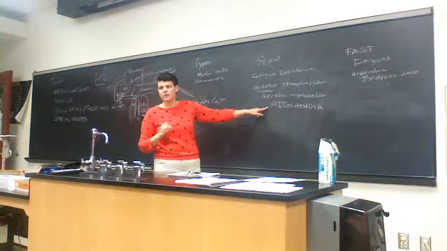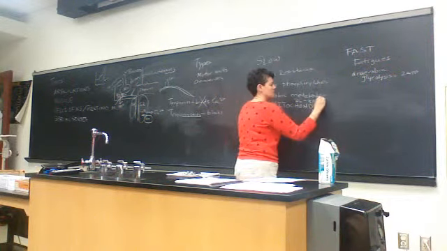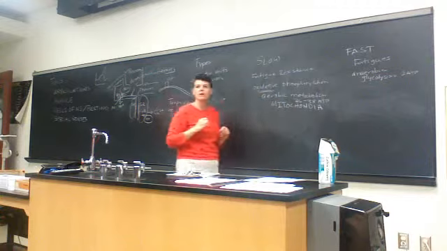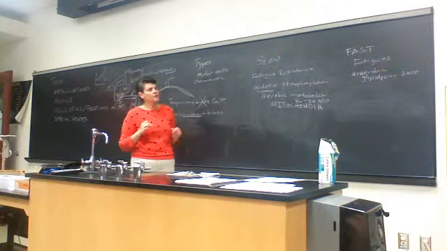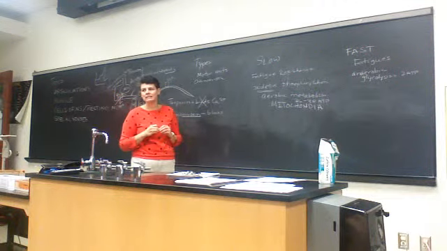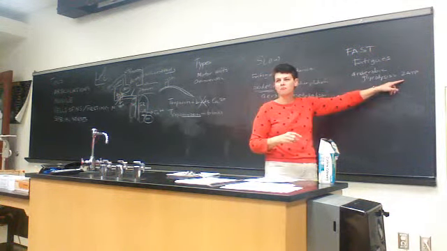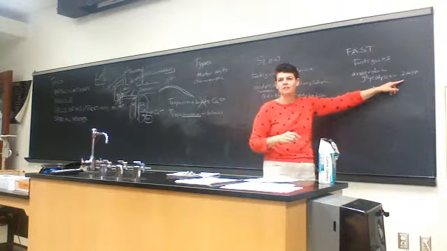Aerobic metabolism, how many ATPs per glucose? 36 to 38, depending on how you count them. Why is fast twitch muscle going to fatigue more readily? Not enough ATP, right? You're making 2 per glucose. You're going to run out of that really fast, right?